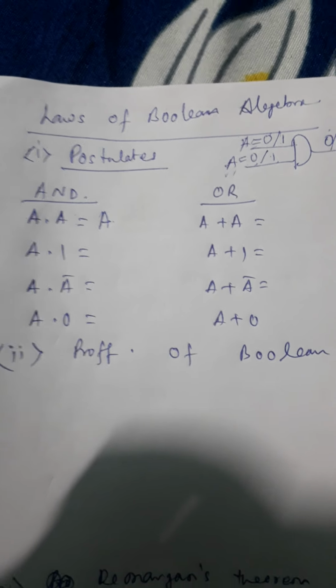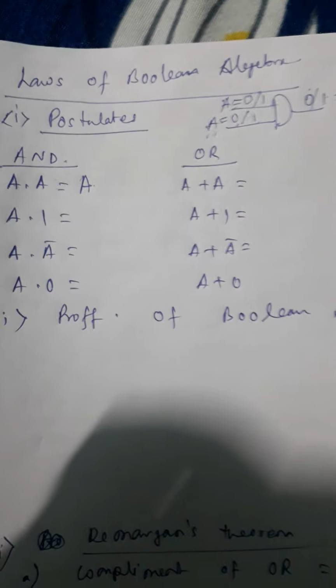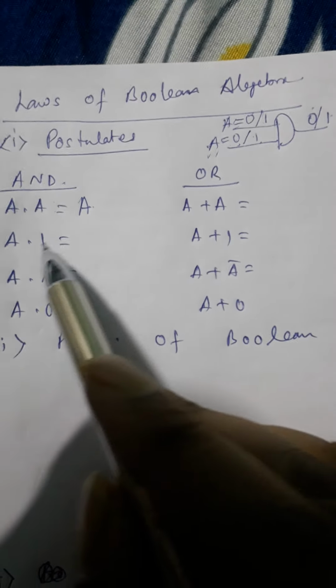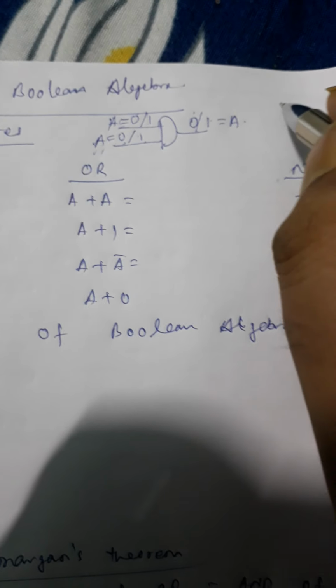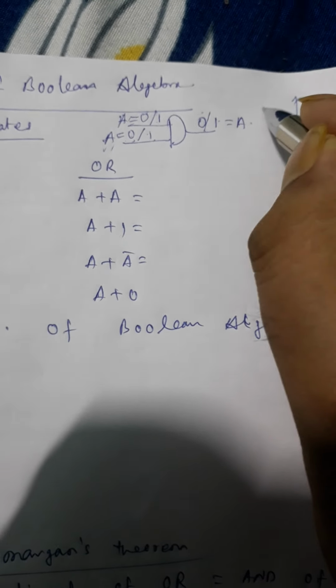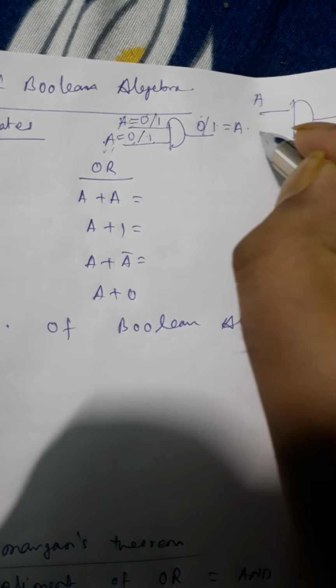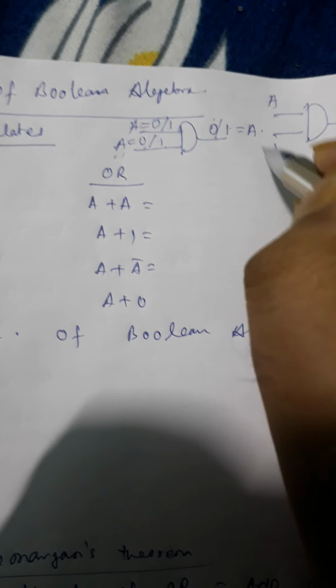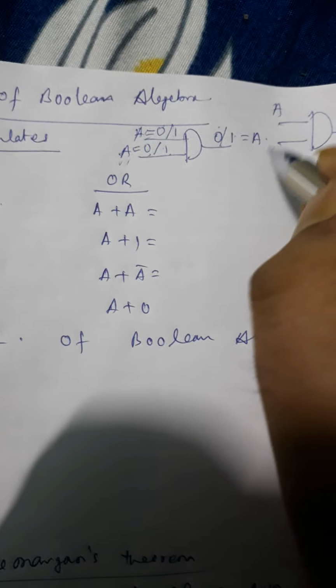Remember this, we shall be using these formulas in the design of the flip-flops. Fine. A dot 1, again we come here. We take one AND gate, A and 1. Now this 1 is fixed, we cannot change it.